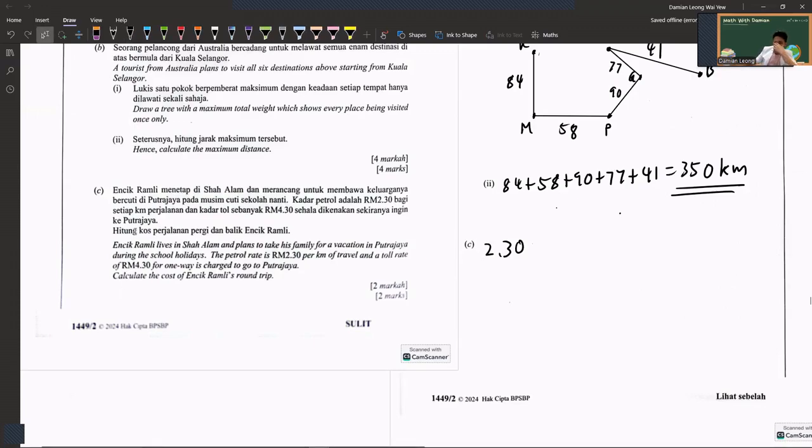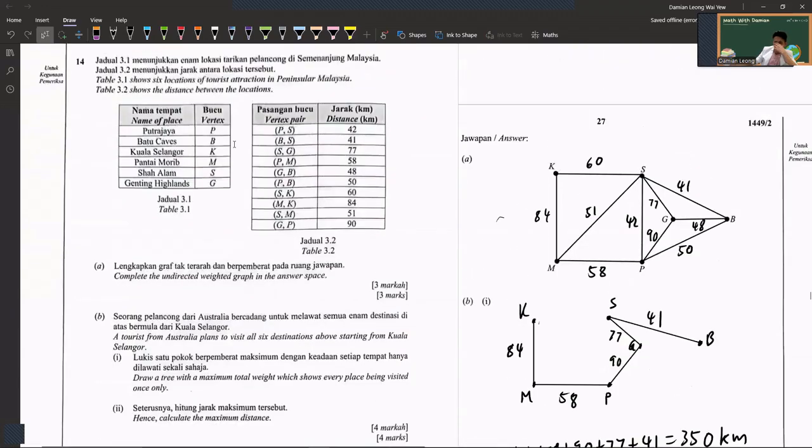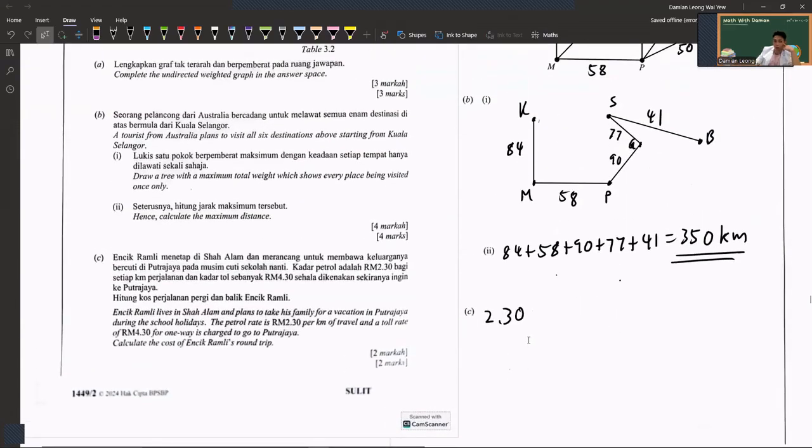From Shah Alam to Putrajaya, S to P. So between S and P would be 42 km. So 2 ringgit 30 cents times 42, then times 2 for round trip, plus 2 times the toll, 4 ringgit 30 cents.